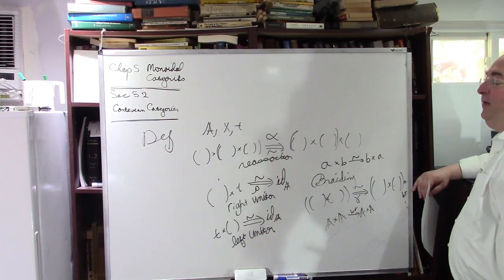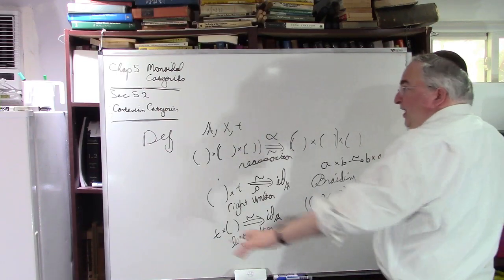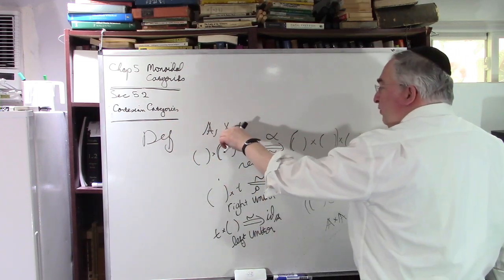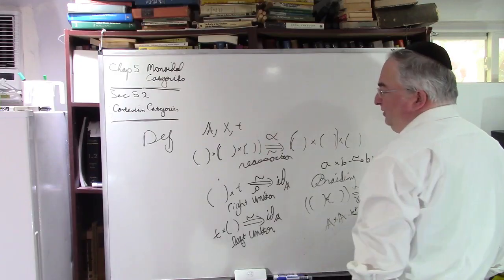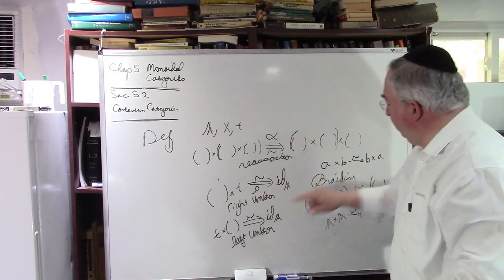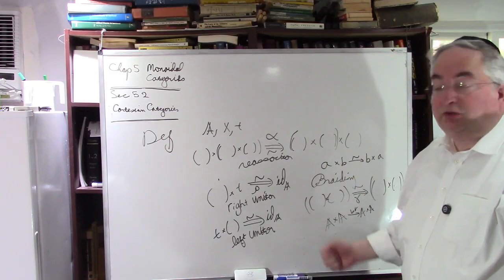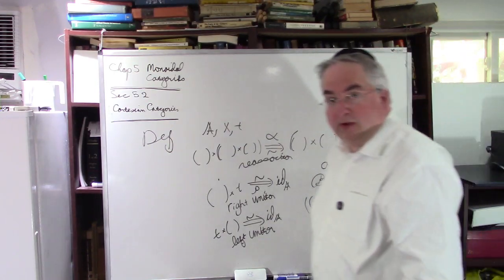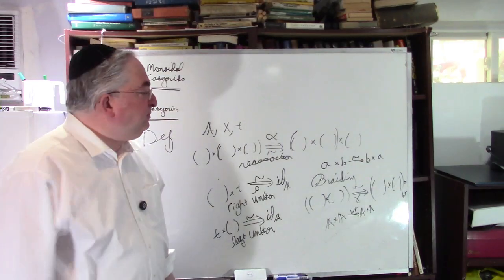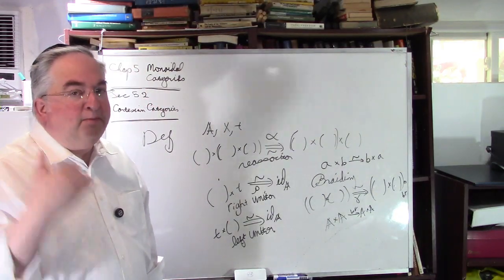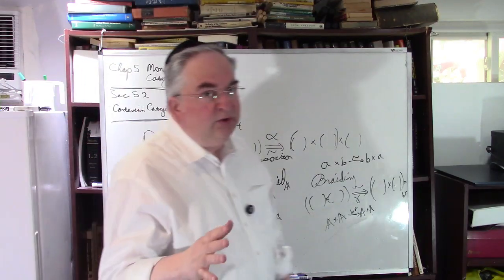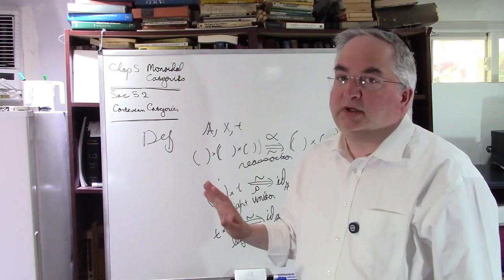So let's go through it again. A Cartesian category is a category, a product, and an empty terminal object, with 1, 2, 3, 4 natural isomorphisms. Hold on. But these natural isomorphisms have to satisfy more relations. Now, I'm not going to write what those relations are, and I don't do it in the book either.